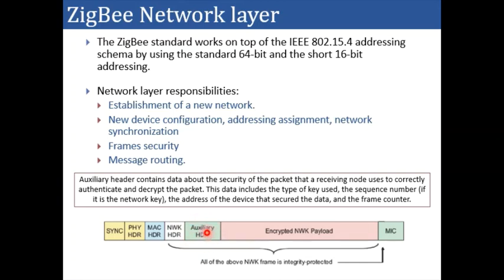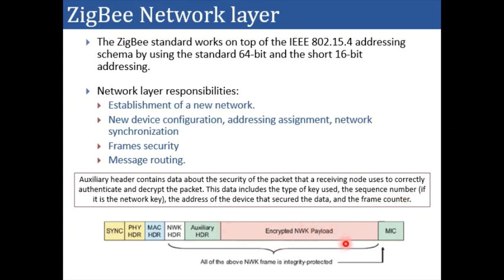The auxiliary header is responsible for the security of the packet, which a receiving node uses to correctly authenticate and decrypt the packet. This data includes the type of key used for encryption, the sequence number, the network key if required, the address of the device that secured the data, and the frame counter.